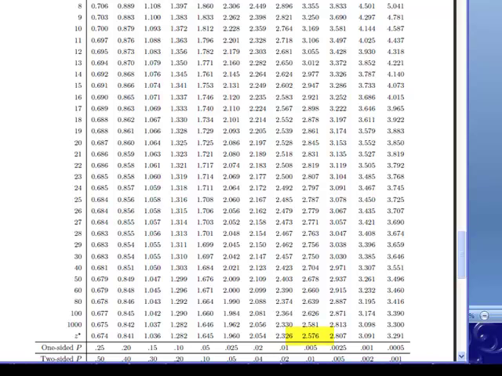More accurately, it is 2.576. So from now on, when you want to find critical values for your Z, the standard normal distribution, if it happens to be any of these confidence levels on this table, 50, 60, 70, 80, 90, 95, 96, 98, 99, 99.5, 99.8, or 99.9, you have the critical values right there.